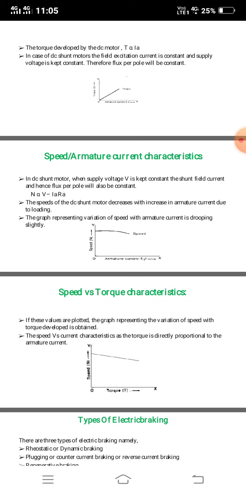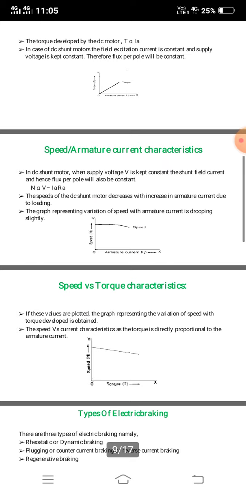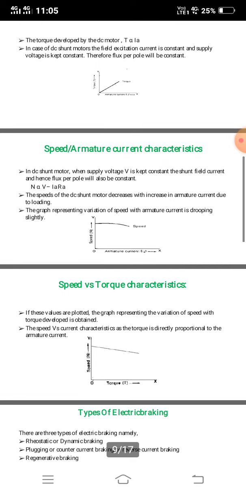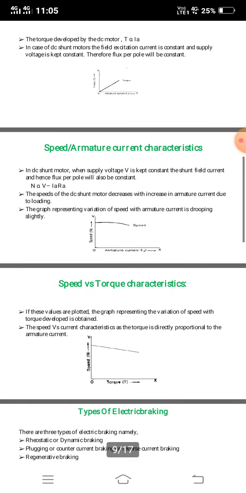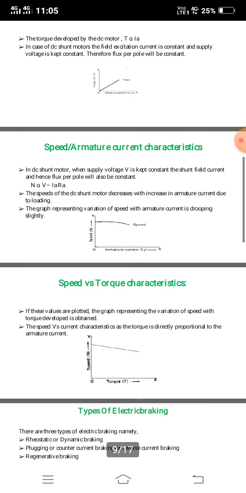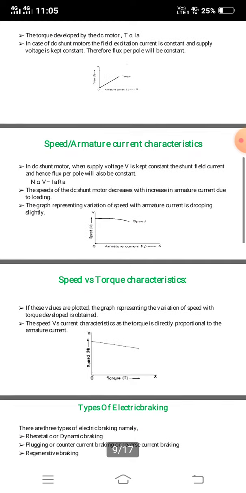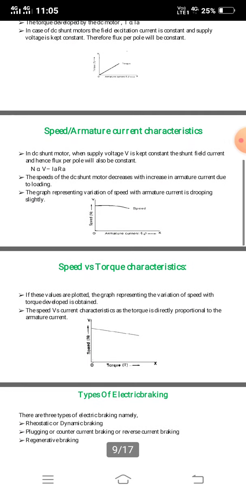This shows a gradual reduction of speed: as the armature current rises, speed follows V minus IaRa, and when the speed decreases, that condition is also proportional to V minus IaRa. So these three categories must be followed for speed torque characteristics.